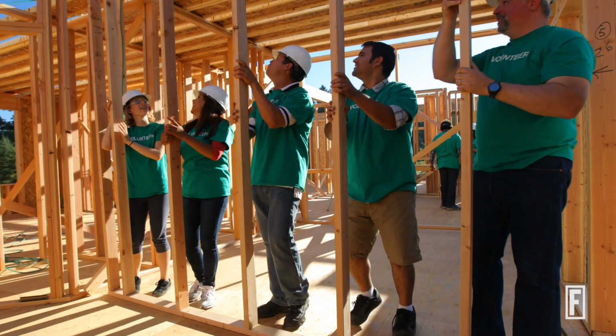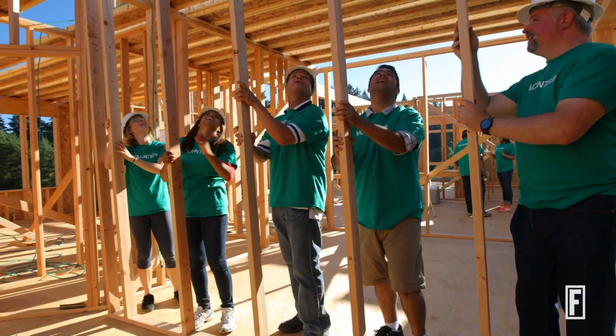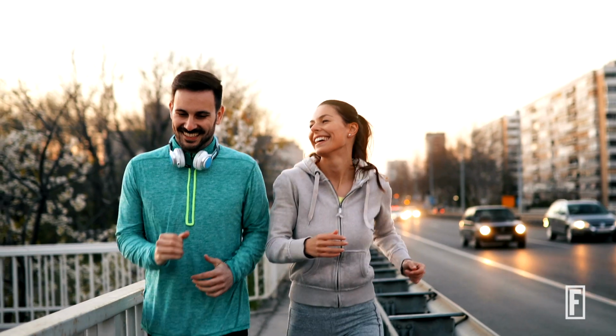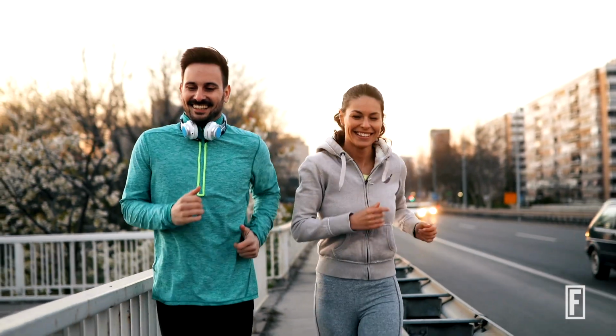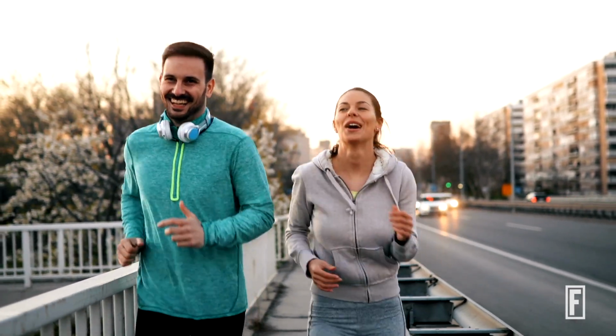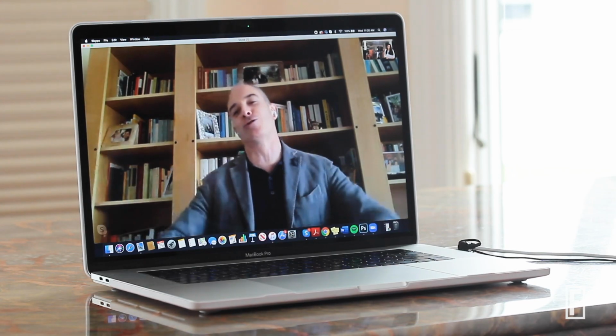Childcare, volunteering, or even, looked at another way, if we go for a jog to make ourselves healthier, there's a societal benefit to that. In staying healthy, we presumably stay out of the emergency room and on and on.